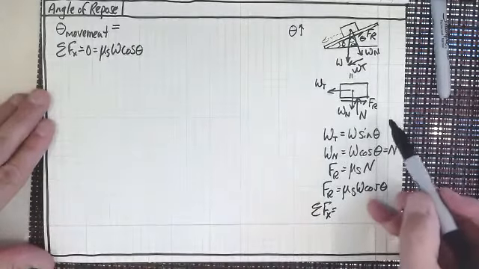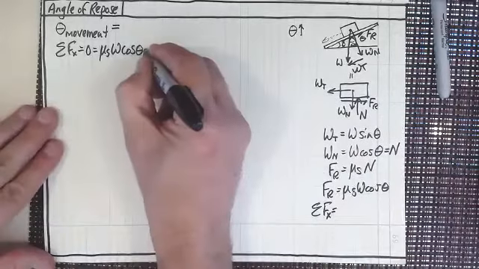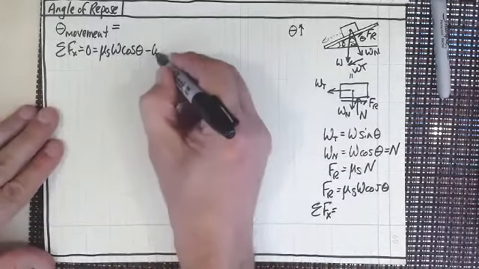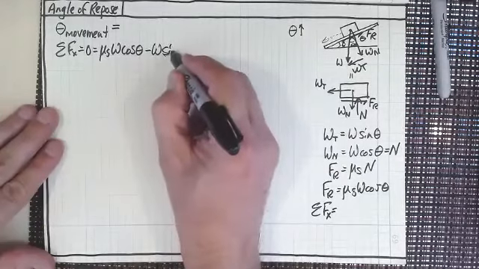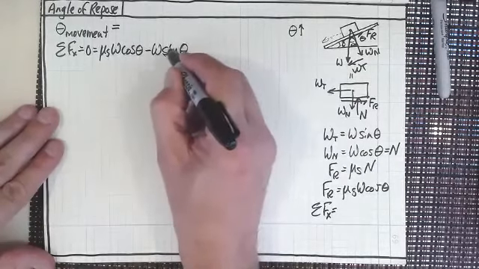And then it's also going to have the other, minus W times the sine of theta. Does everyone see that?